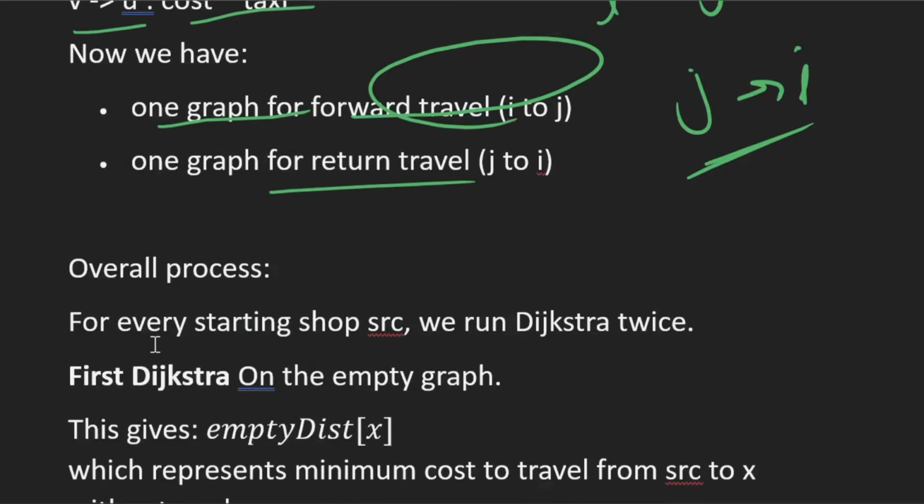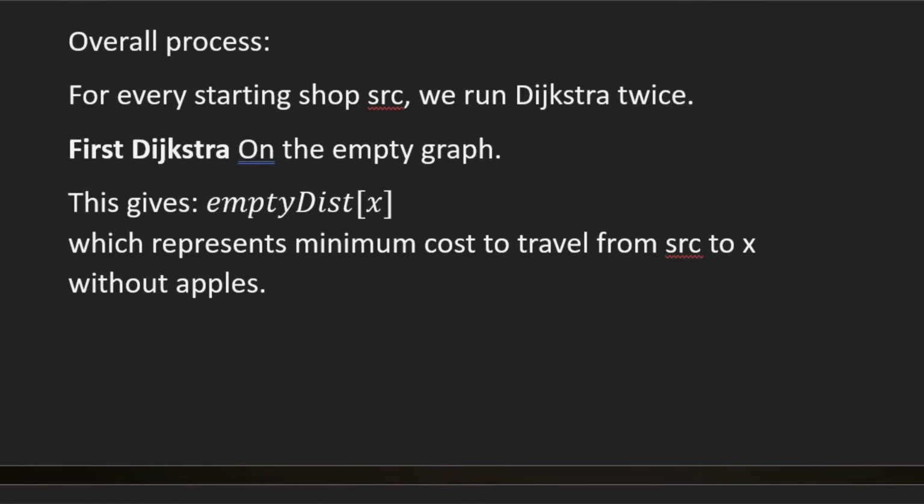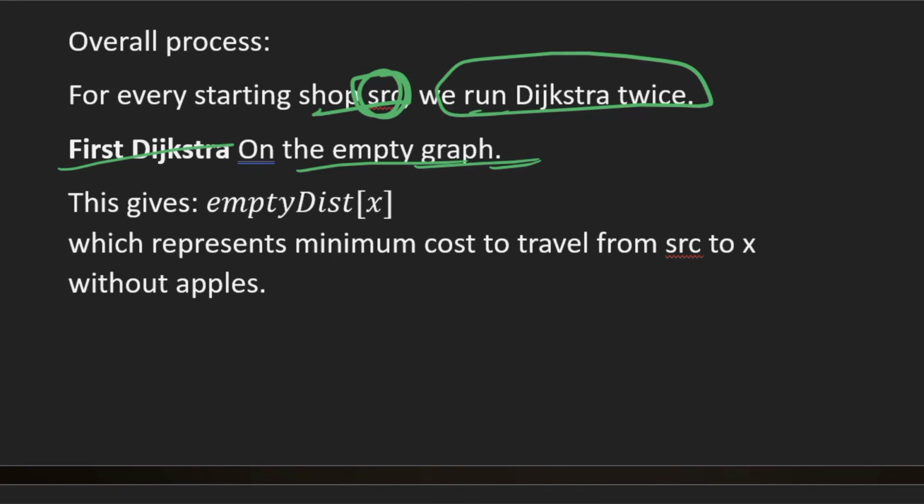So now let's see what our overall process will be. We'll pick every shop as a source. Let's say the shop is the source. Then we run Dijkstra two times. First Dijkstra on the empty graph.